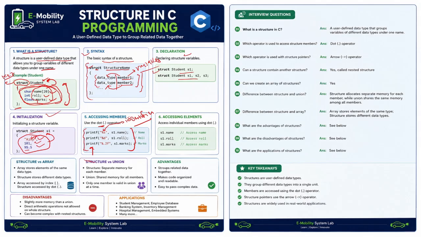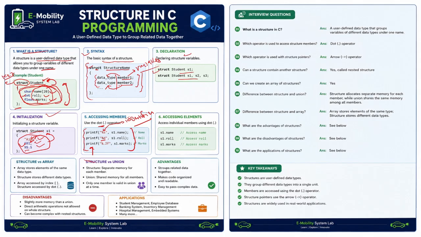And now you want to access the roll number. So you need to understand what type of data it is. It is integer type. So for integer type data, we use the %d identifier.